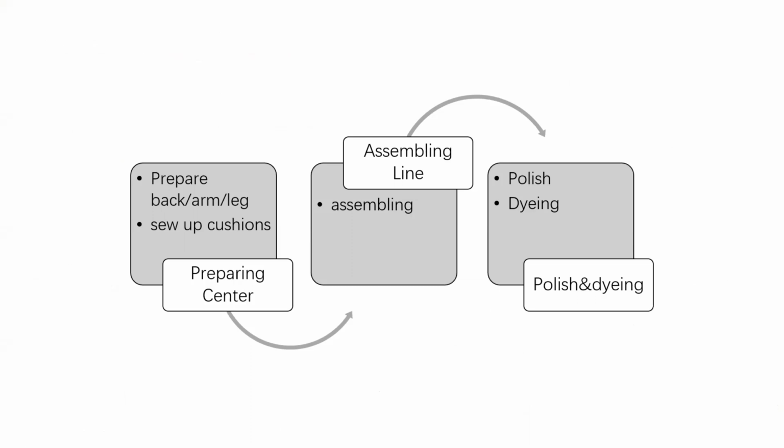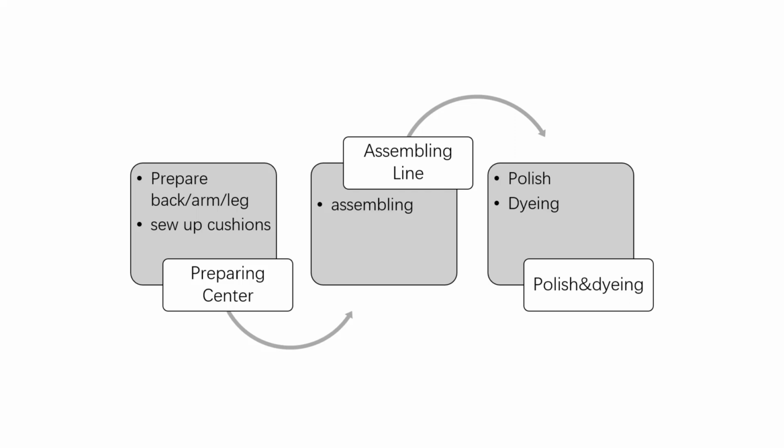So as you can see, here are three rectangles, which represent our work centers, which are the preparation center, assembling line, and polish and dyeing center. In each work center, the material or similar product will be processed, which we call an operation.